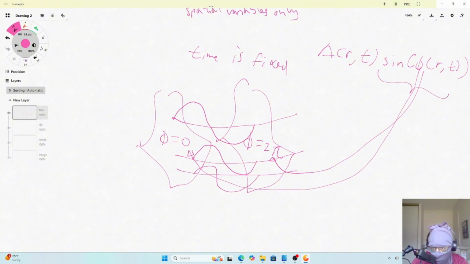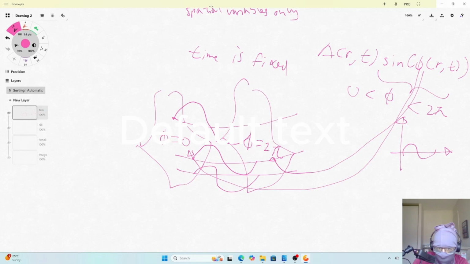So you have a full cycle of the amplitude of the light rays passing through those wavefronts.